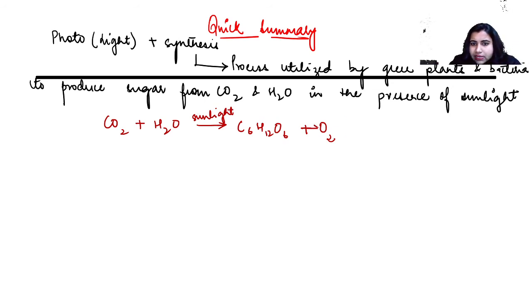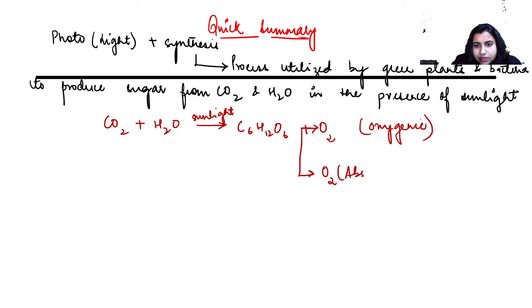If oxygen is released, we call it oxygenic photosynthesis, and if oxygen is absent, we call this anoxygenic photosynthesis.